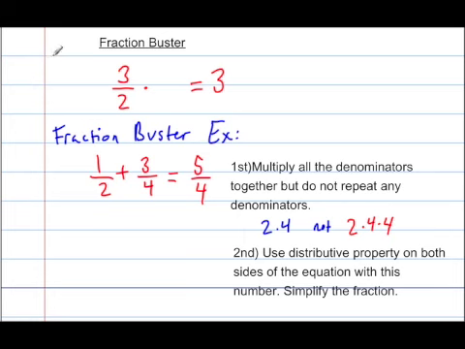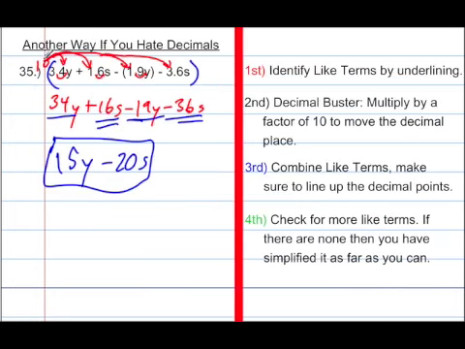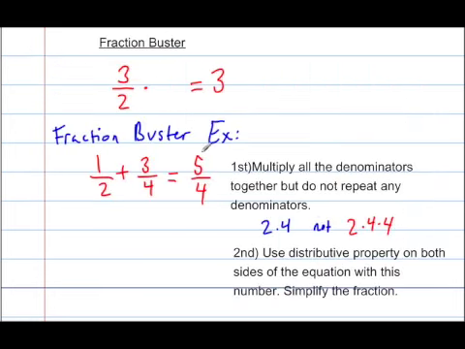So fraction buster, like we did decimal buster, we're going to use fraction buster. But before we start, let's understand the concept with a smaller problem. 3/2 times what will give me 3? Well, I would just want to use the reciprocal. 2 has an invisible 1 under it, so 1 over 2.